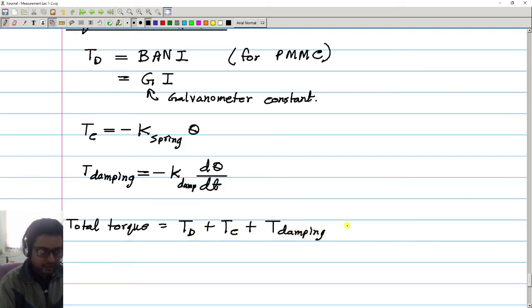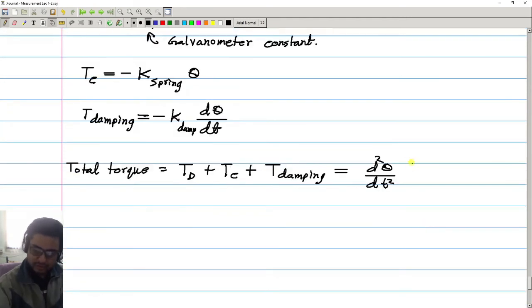Plus T damping, okay, so this should be equal to what? This should be equal to the angular acceleration, d2 theta/dt2, multiplied with the moment of inertia. J is the moment of inertia.